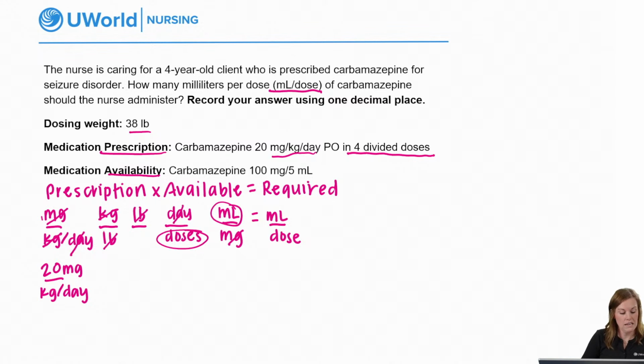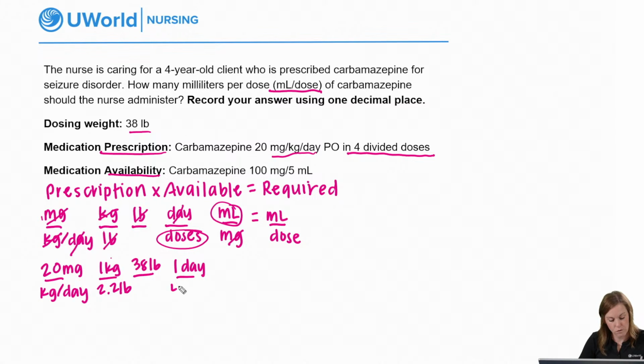Our client is in pounds, but this is weight-based, so we need to convert pounds to kilograms. We know 1 kilogram equals 2.2 pounds, and our client weighs 38 pounds. Then, adding in our numbers, we also know that 1 day is 4 doses.